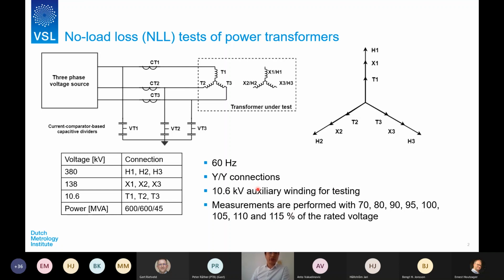The devices we used for the measurement: for current, we used the multi-stage current transformer, and for the voltage, the current comparator-based capacitive dividers. Also the power meter, I will go into more detail on the next slide. The source is three-phase inverter-based, and the power transformer itself is 600 MVA.